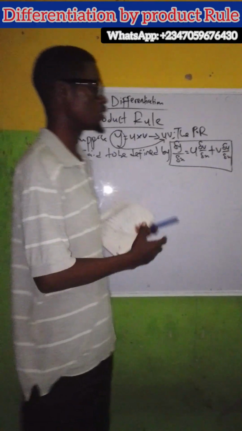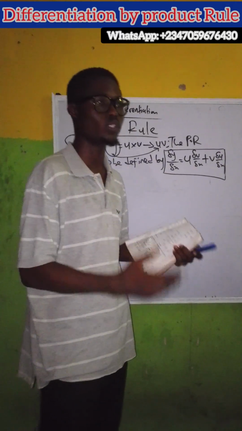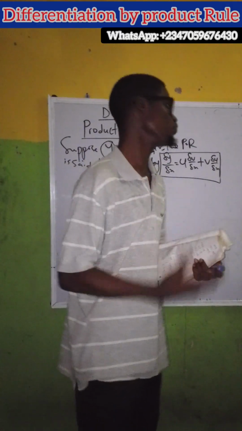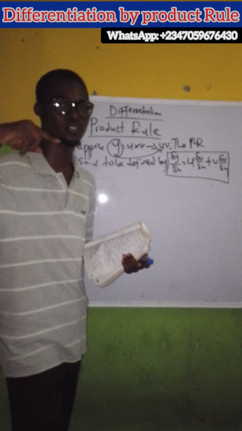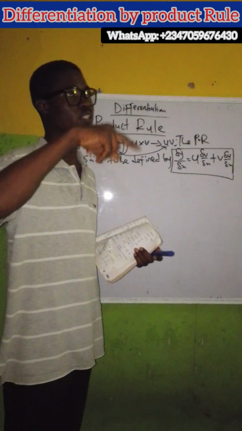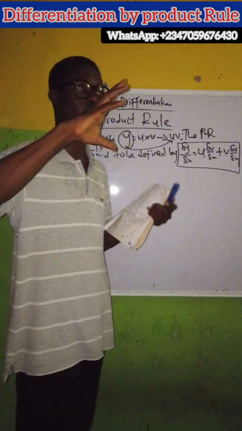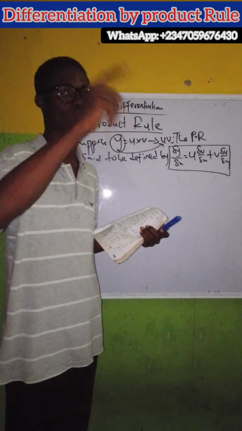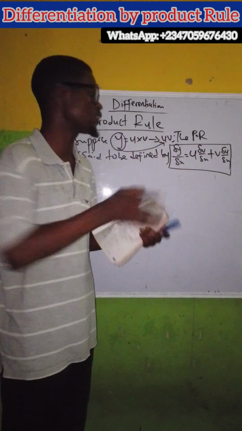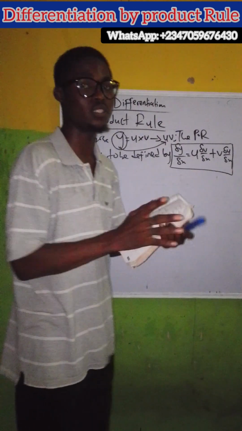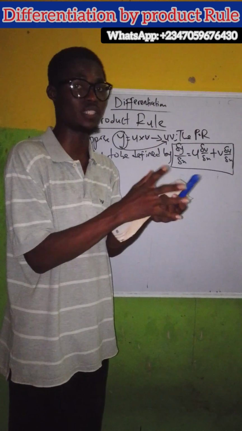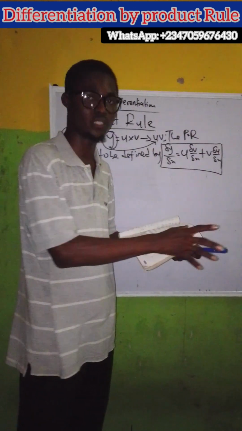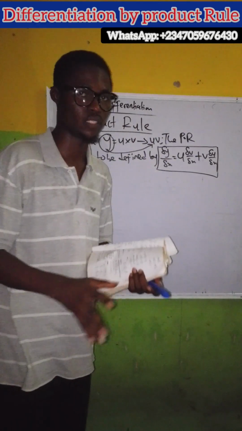But in this case, how do you know when you have to apply product rule? Remember in the last video I explained chain rule. I said you use it for questions that come with only one bracket. So in chain rule definition, we started with y equals u, so that means one bracket. Since this one is y equals uv, it means two brackets beside each other, the first bracket representing u and the second bracket representing v.